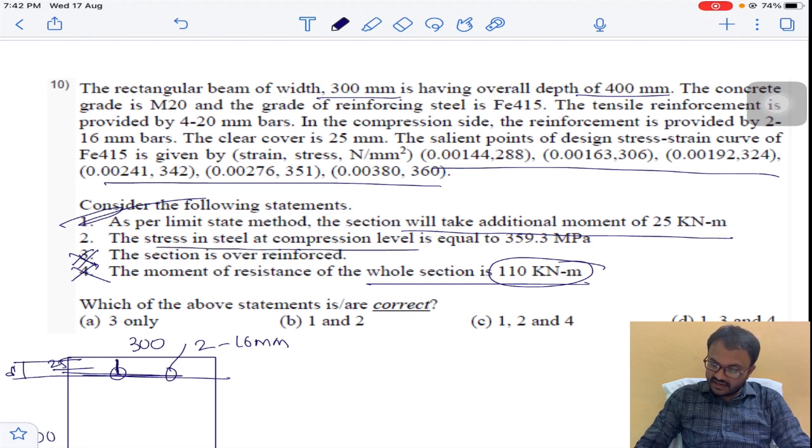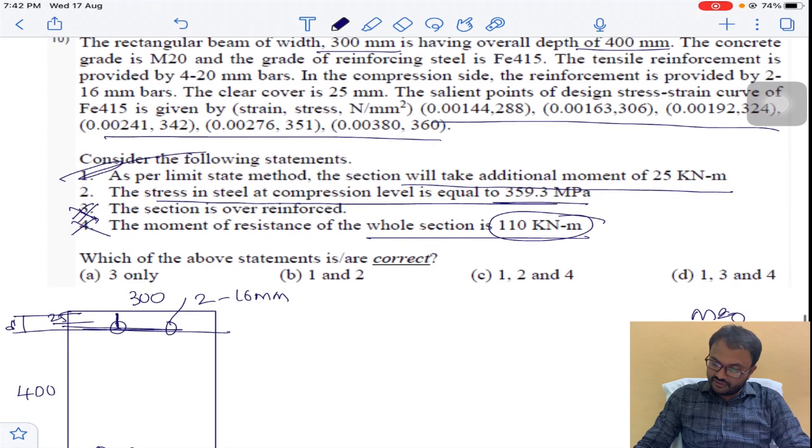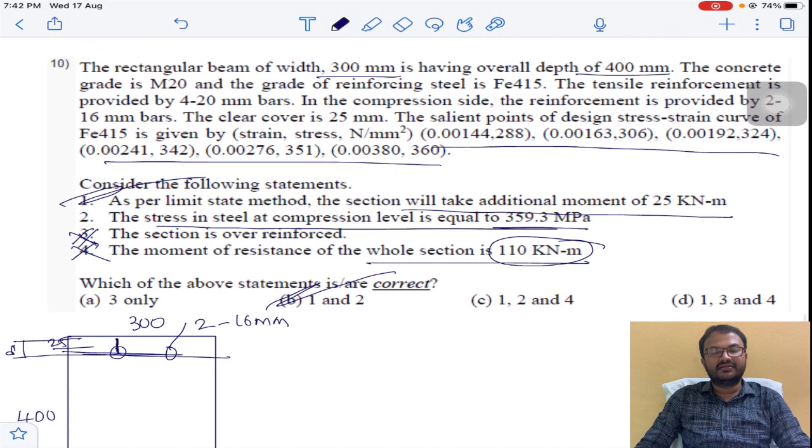So stresses in steel at the level of compression 359 we calculated, so 3 and 4 are incorrect statements. So you can have options, which of the following statements are correct? When 3 and 4 are wrong, 1 and 2 is correct. Option B for question number 10. Okay, so this is the lengthy problem, so you should concentrate and try to get the concept what I have explained. Okay, thank you.